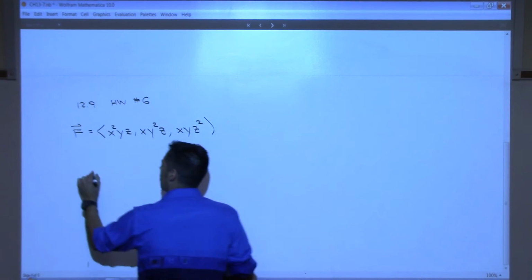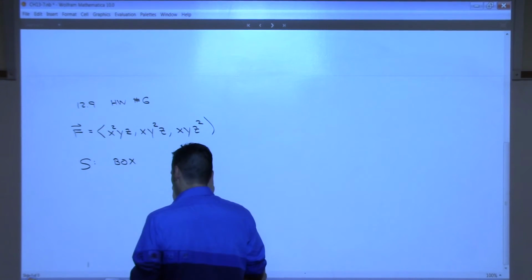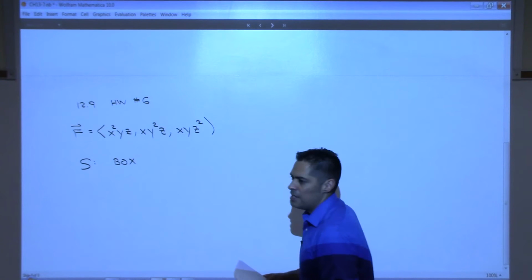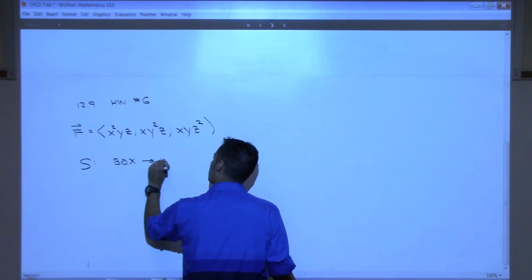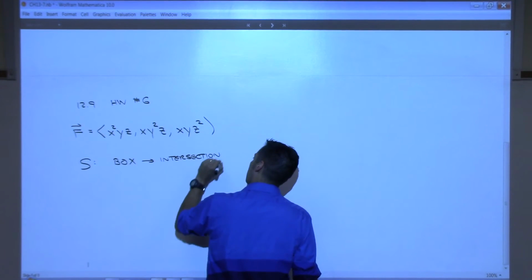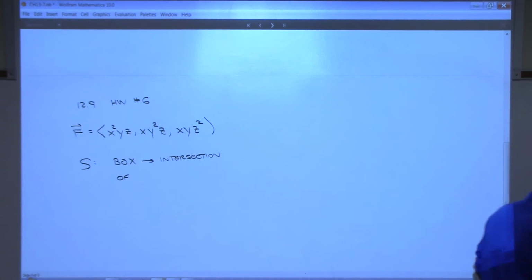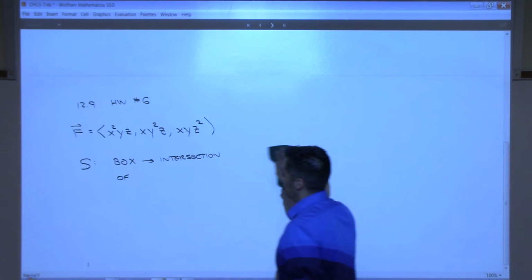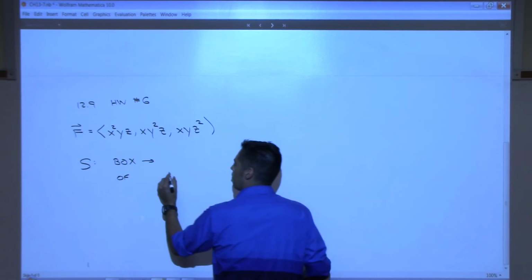It's giving you a surface S, which is a box, or I should say this box, not the intersection, is bounded by these planes. The intersection of those would not work.